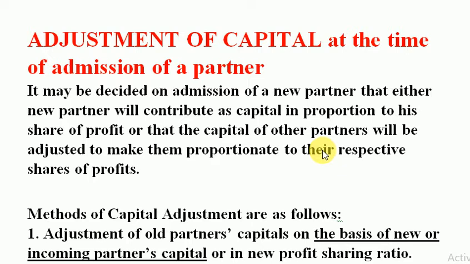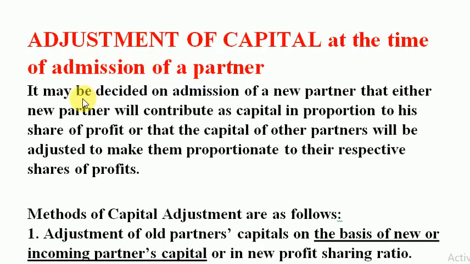In that entire preparation of those 6 steps, we are adding this new topic, which is known as adjustment of capital at the time of admission of a new partner.